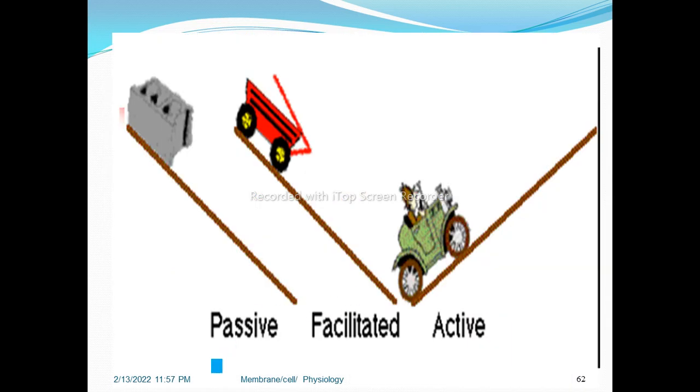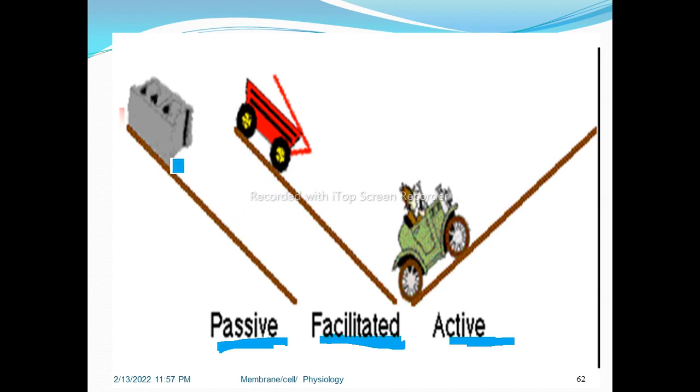Another additional example shows passive or simple diffusion, facilitated diffusion, and active transport. In passive or simple diffusion, movement is down the concentration gradient, from high concentration to the lower concentration. There is friction here, as the material moves from high to lower concentration. Facilitated diffusion is similar to passive diffusion.